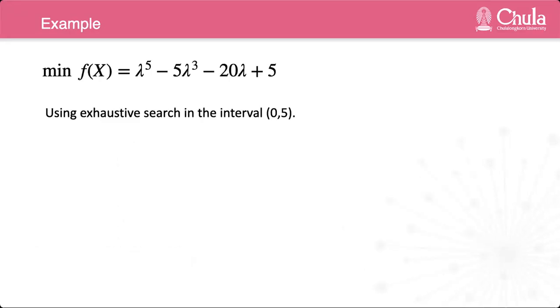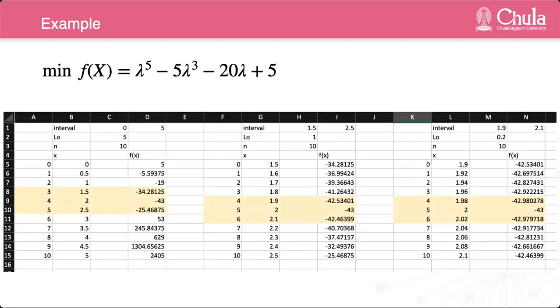For example, for this function again, we use exhaustive search in this interval from 0 to 5. Let's say our n is 10. And of course, we start from 0 to 5, then L0 is 5 in the first step.